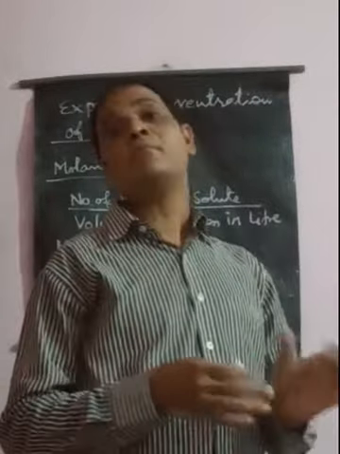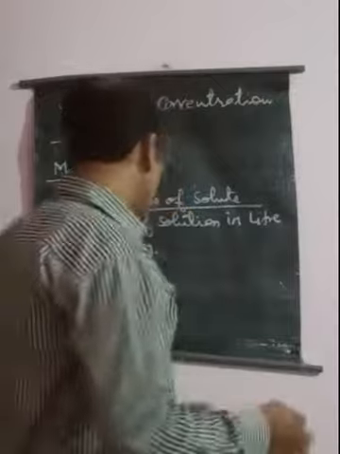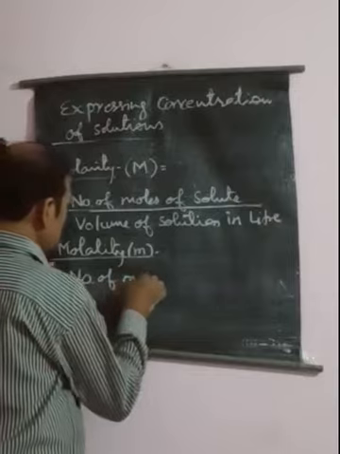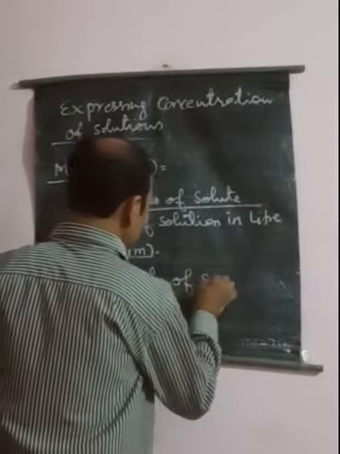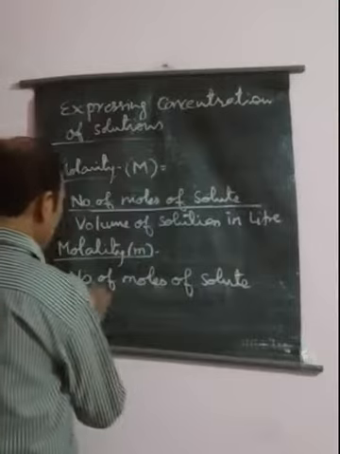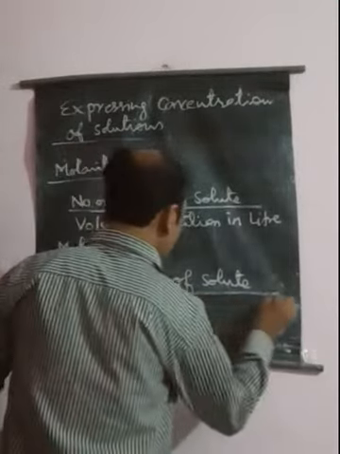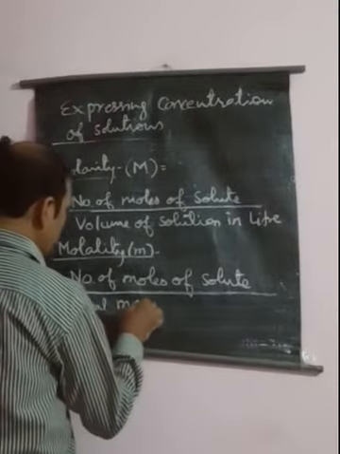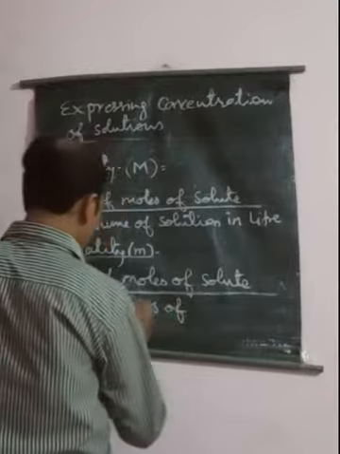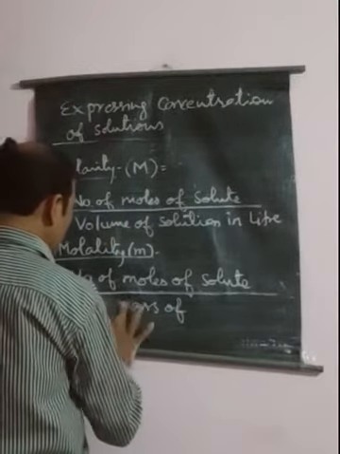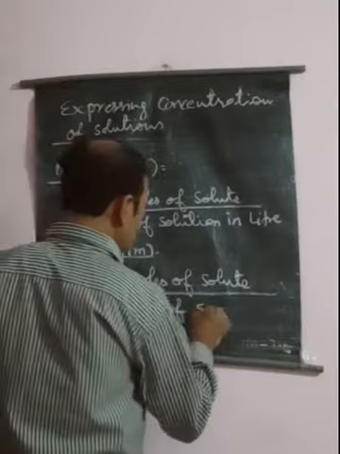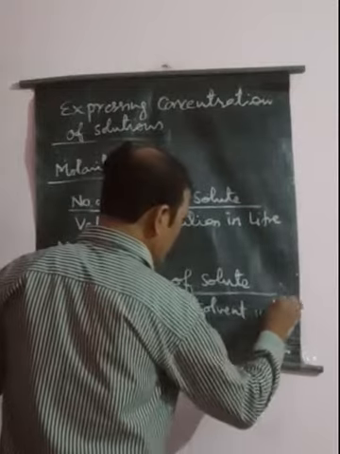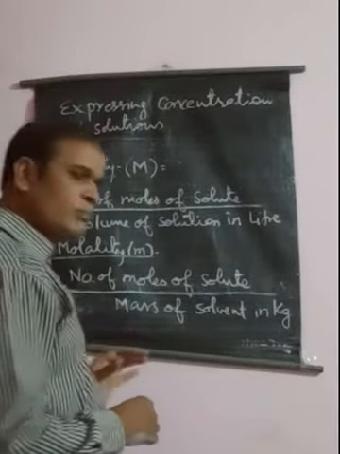So the formula of molality will be number of moles of solute divided by mass of solvent in kg. In this manner you can find out the molality.